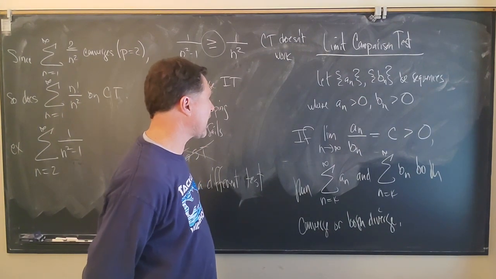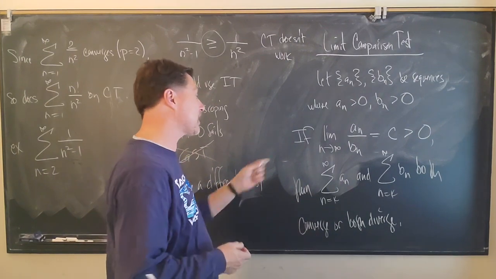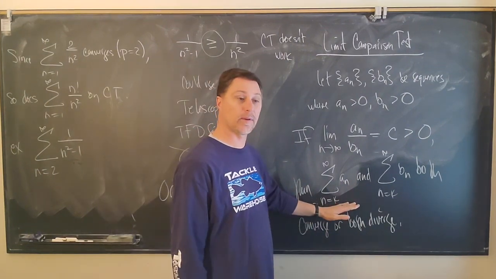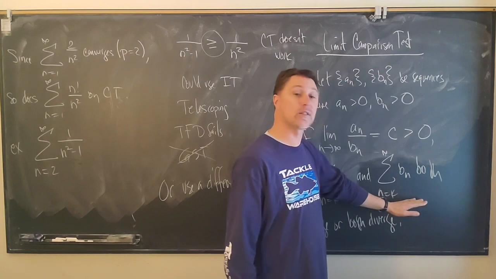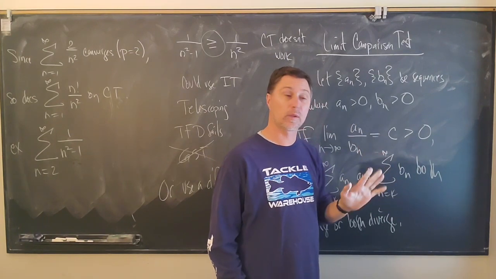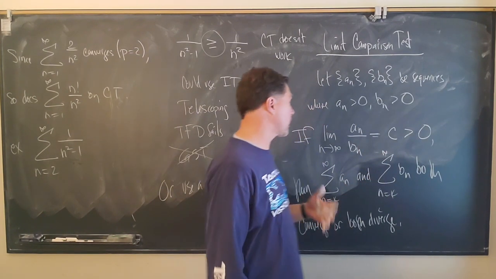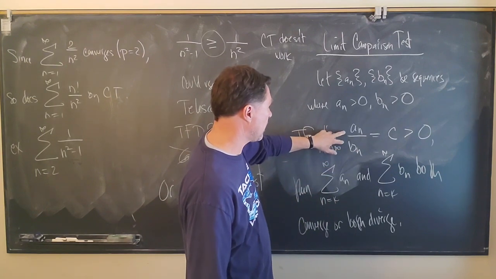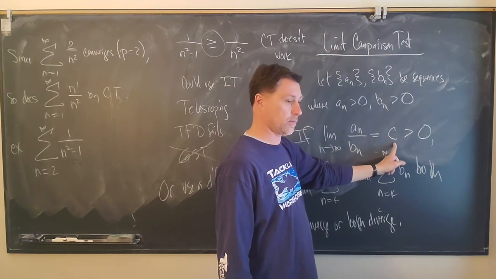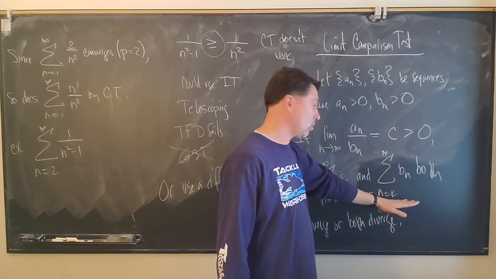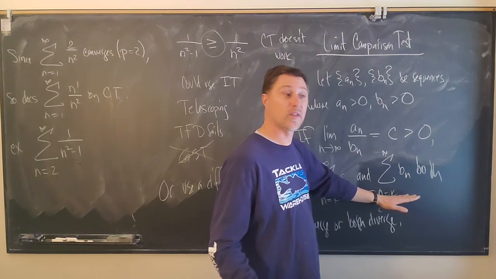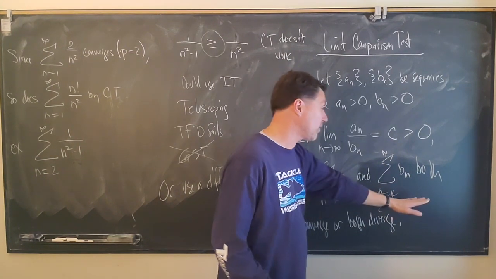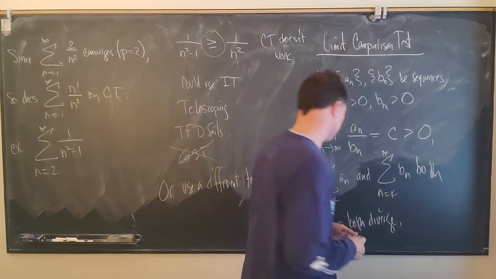So think of it kind of like we were doing with the comparison test. The a sub n series is the one that we're given, and the b sub n series is the one that we already know about. That's the one that we're familiar with. So if we set up this limit right here and we get a positive constant, and we know what's going on with this one, maybe it converges. If this one converges, then this one converges. If this one diverges, this one diverges.